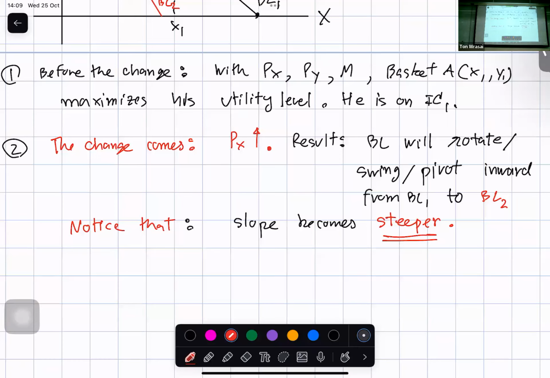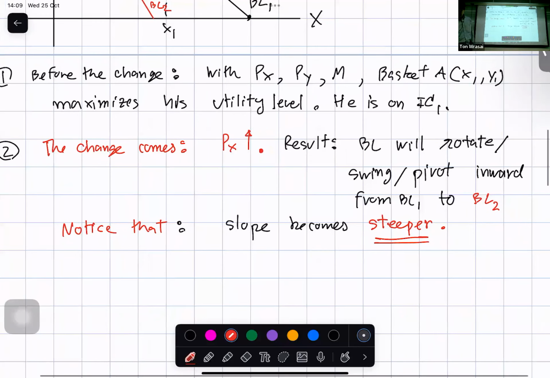All words. Oh, I should improve my handwriting then. Sorry.